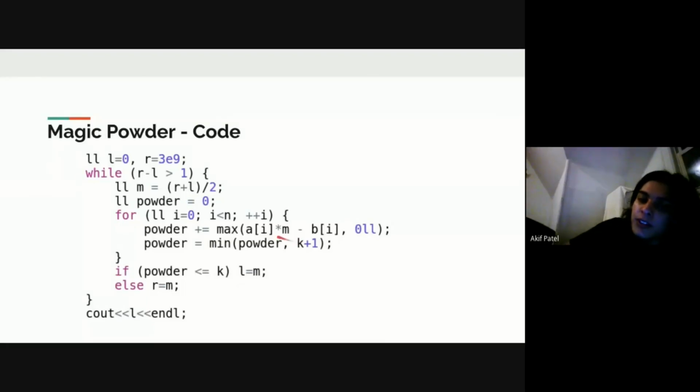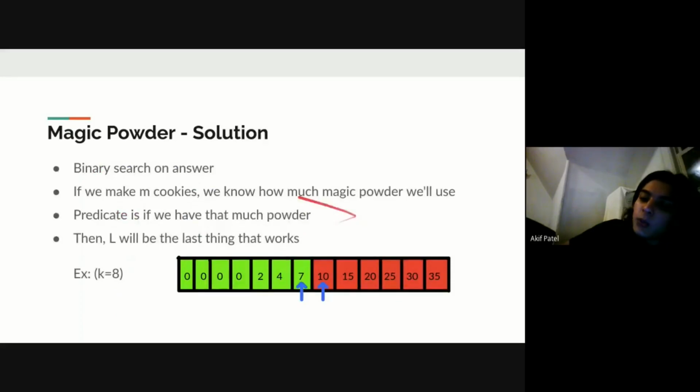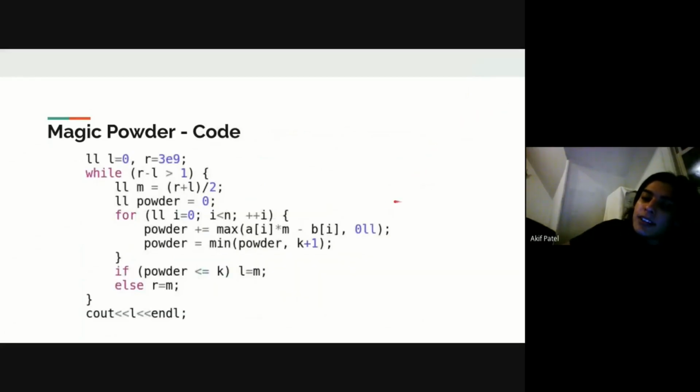So if this starts getting big, we may as well just min it with K plus 1, because it's still a bad value. This goes hand in hand with the fact that we're not actually computing this array. We're just binary searching formally on the predicate, because we don't even compute the actual array here. We're computing some screwed up version of the array where anything bigger than K plus 1 is set to K plus 1.